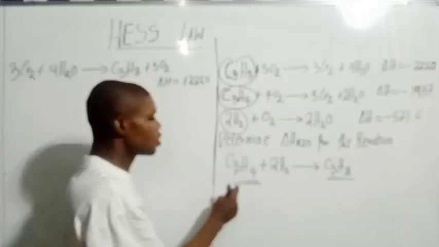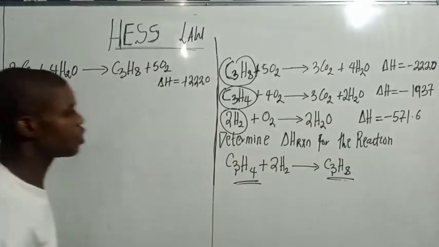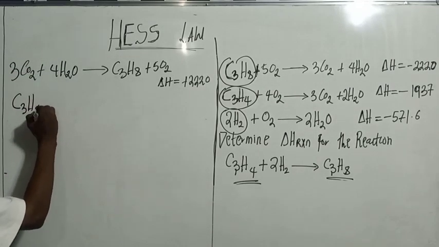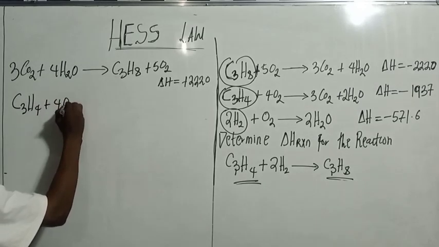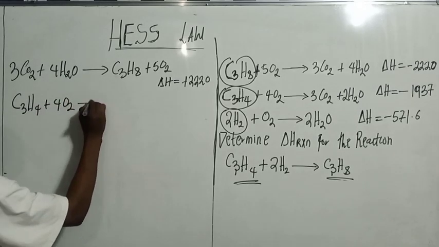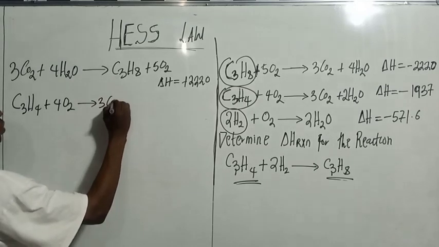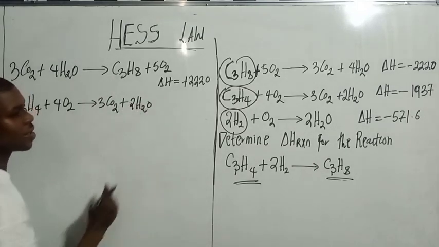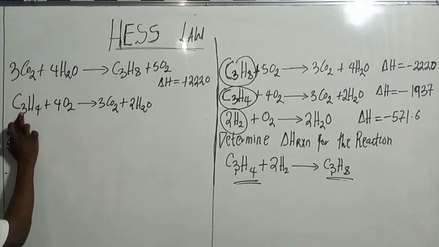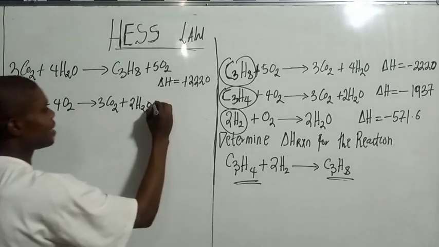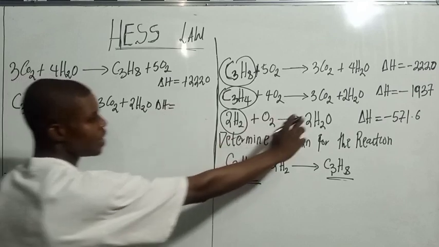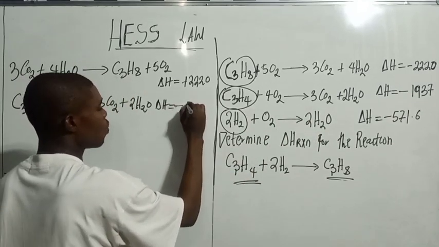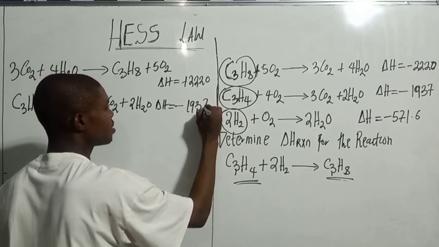So we just write it like that: C3H4 plus 4O2, giving you 3CO2 plus 2H2O. Can you see that? My delta H here, remember I didn't do any adjustments, so it remains the same: minus 1937. Can you see that?